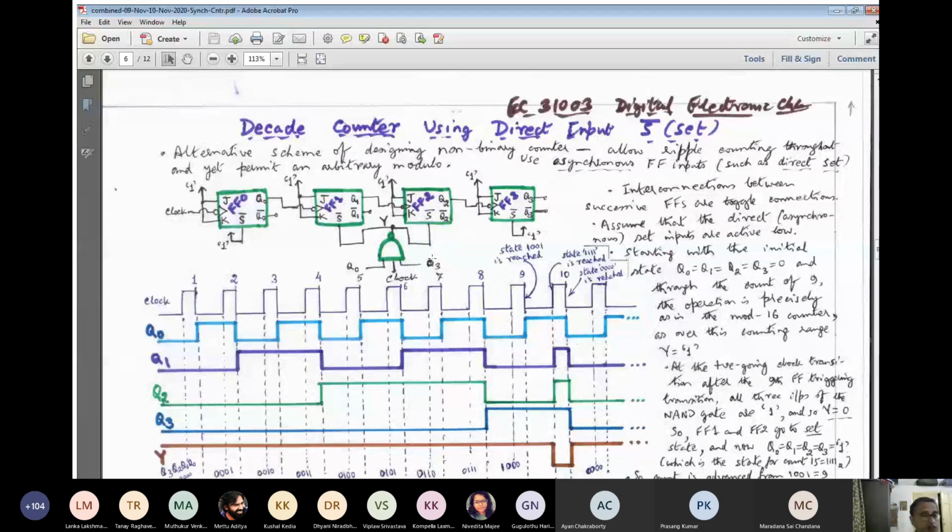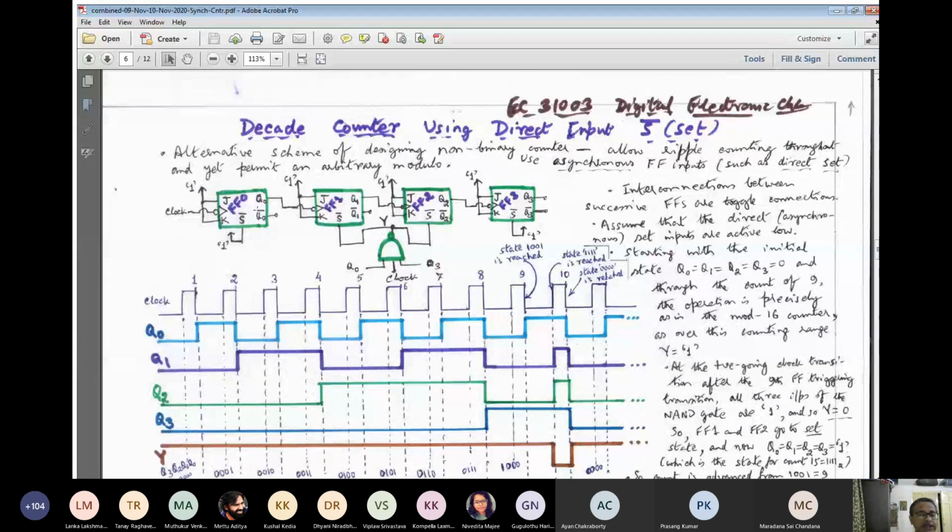Now the question is, can we stick to the ripple counter design, because it's very simple, and slightly modify it so that we can get a non-binary counter? Of course, the modulus should be less than the modulus of the ripple counter that we can generate. So here, for example, it will give me a modulus 16 counter at most.